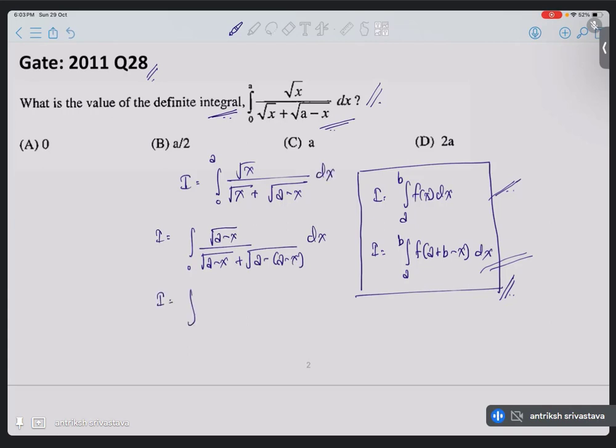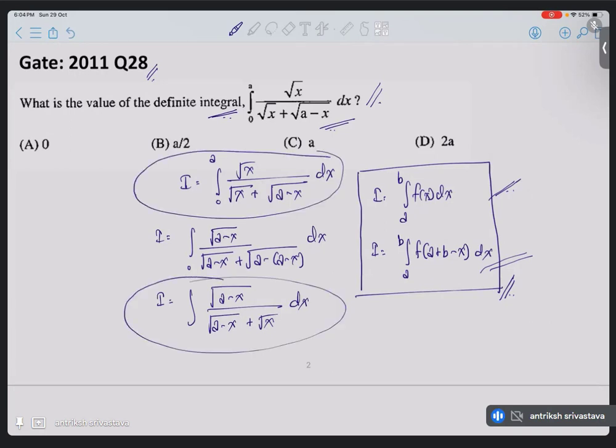Upon simplification, we will see that it is root under a minus x over root under a minus x plus root under x.